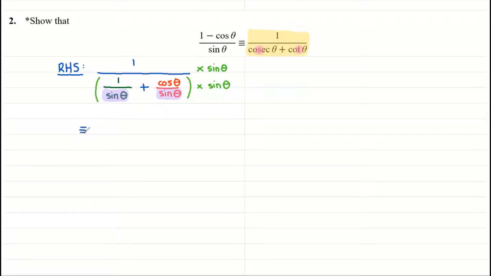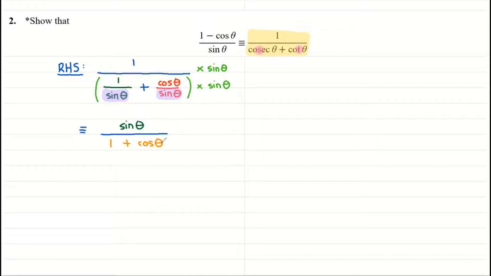So in the numerator, of course, I'm just going to get sine theta on the top. All right. And in the denominator, if I clear the sine thetas, I'm going to get 1 for the first one plus cos theta.